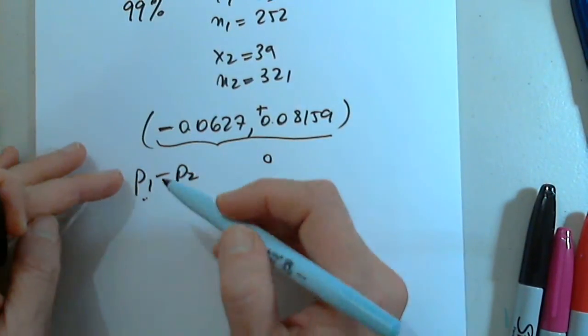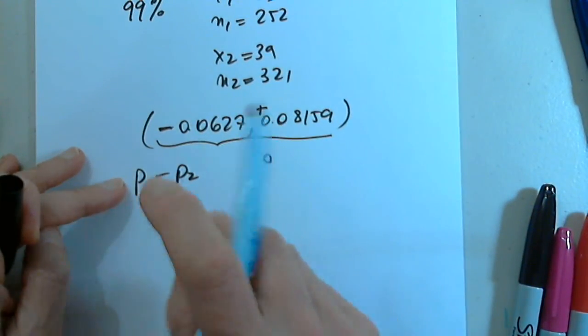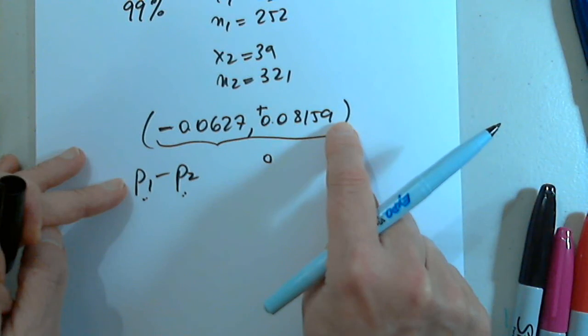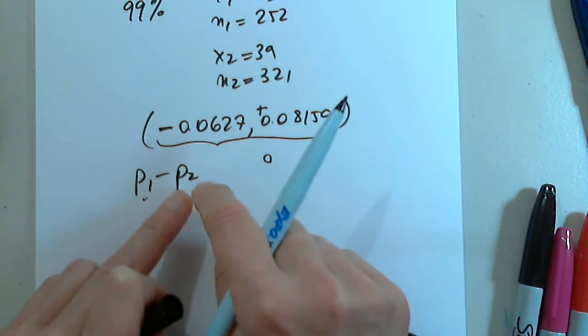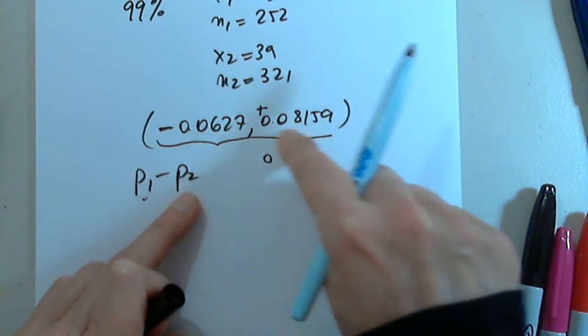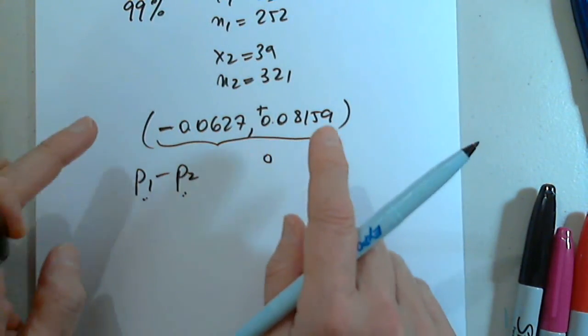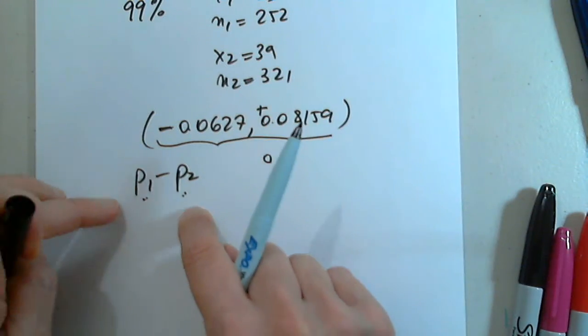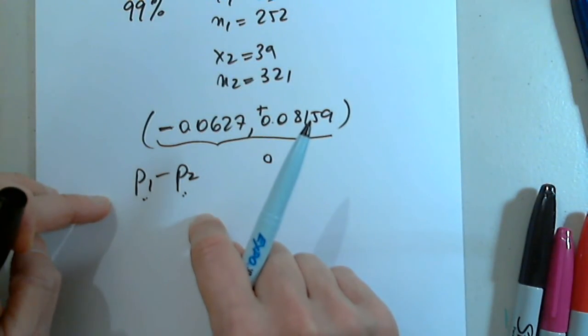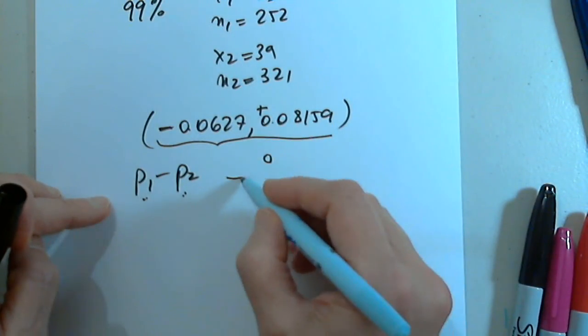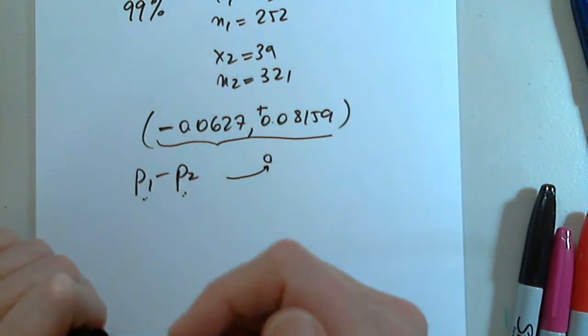Consistently higher would mean if P1 is higher, then the entire interval is positive. If P2 is higher, the entire interval will be negative. So neither of these two is consistently higher than the other because 0 is in the interval.